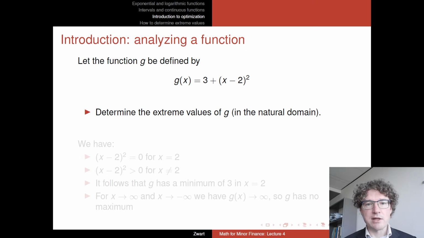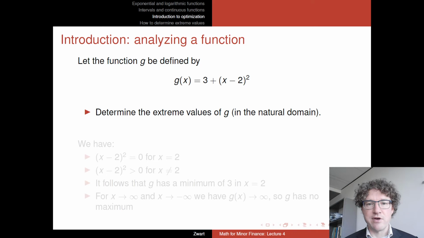So let's have a look at a simple function here. This is just a parabola, a second degree quadratic function. Let the function g be defined here as 3 plus (x minus 2) squared. Now the question is, can we find the extreme values of g in its natural domain?